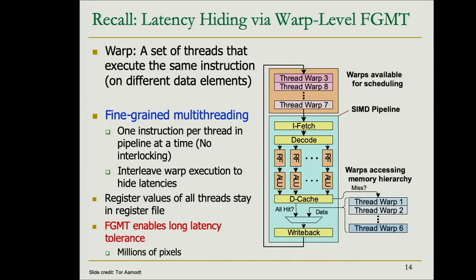From this one, if we miss, we will have to go to the L2, and if we also miss there, we will have to go to the global memory. The DRAM is essentially called global memory in GPUs, and then finally the write back. We will write the output to the register file.